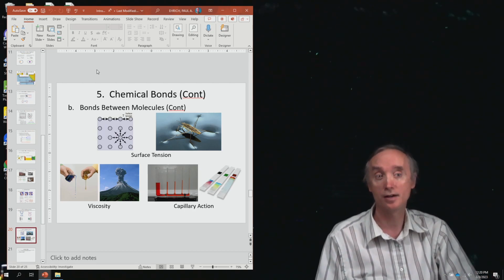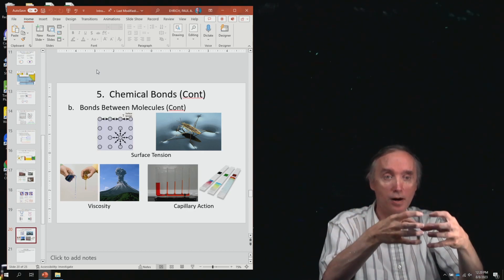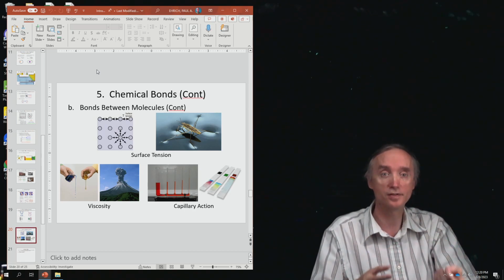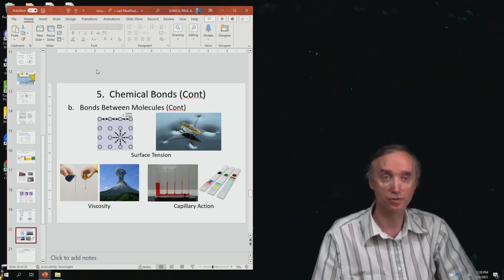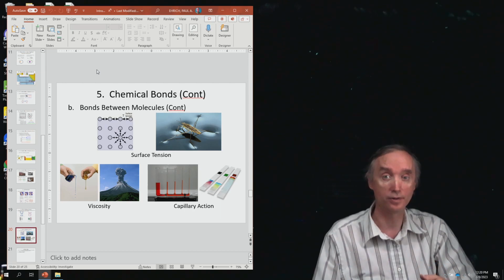Okay, then viscosity. So viscosity means that the more these molecules bond to each other, the more viscous that liquid is going to be. So water is not so viscous. Maple syrup or oil, on the other hand, is very viscous.